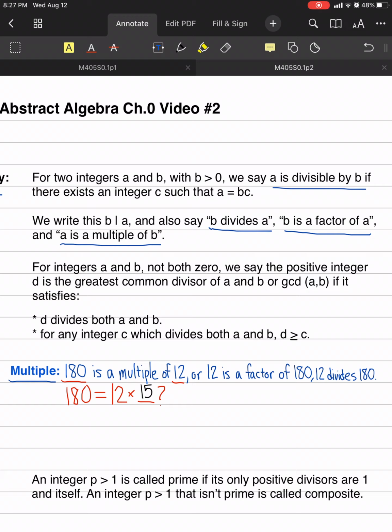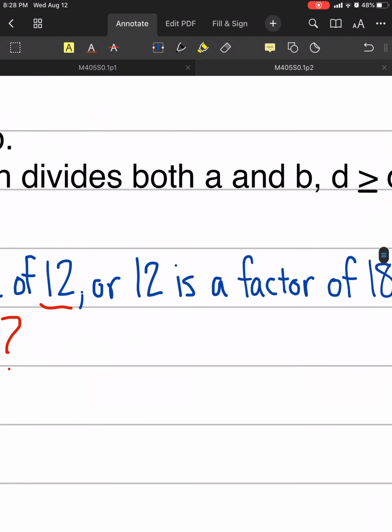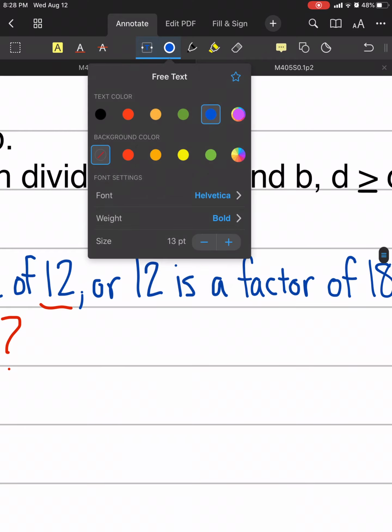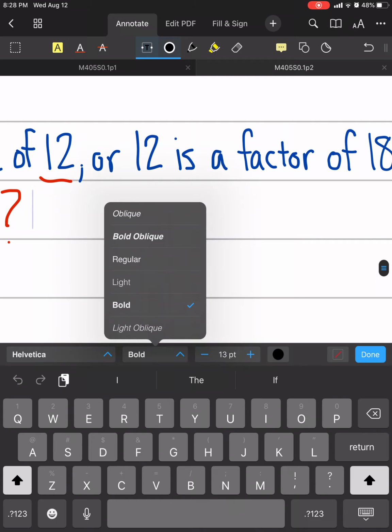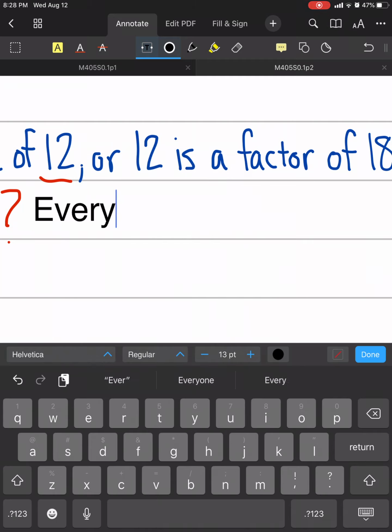So by this, by default, a couple of things wind up being true. Every number is divisible by 1, and 0 is divisible by every number other than 0. A lot of times I'll say number, I mean integer, pretty much always in this class. We don't get to the point where we're talking about things that aren't integers.